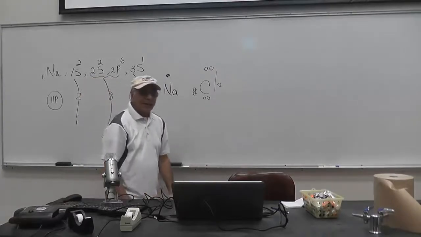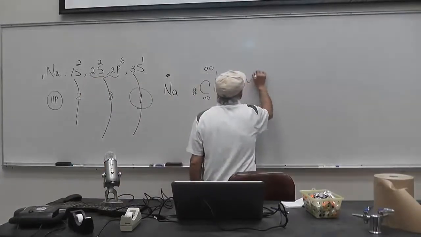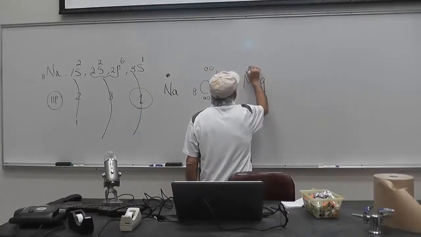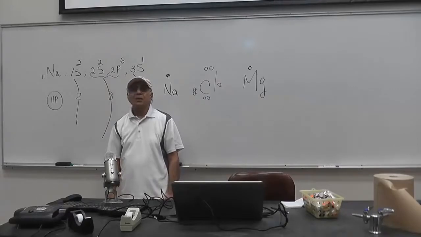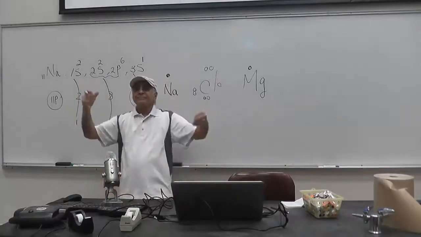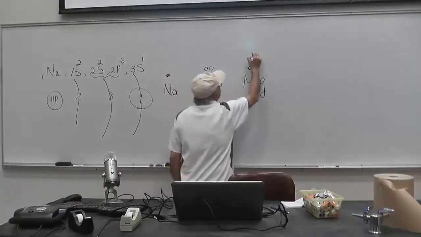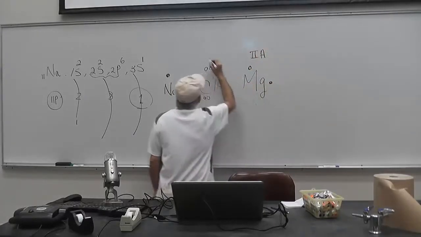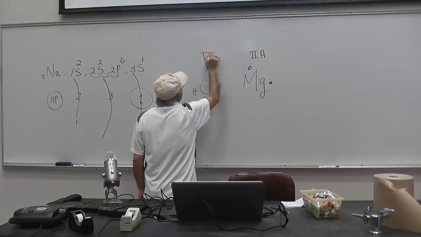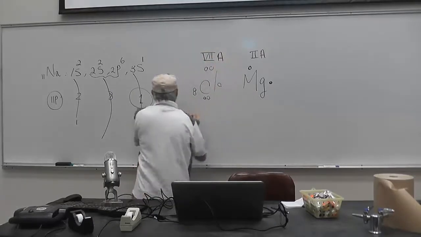So is it fair to say that if I write magnesium, how many valence electrons for magnesium? 2. It's in group 2A, right? Group 2A, 2 electrons. Group 7A, 7 valence electrons.